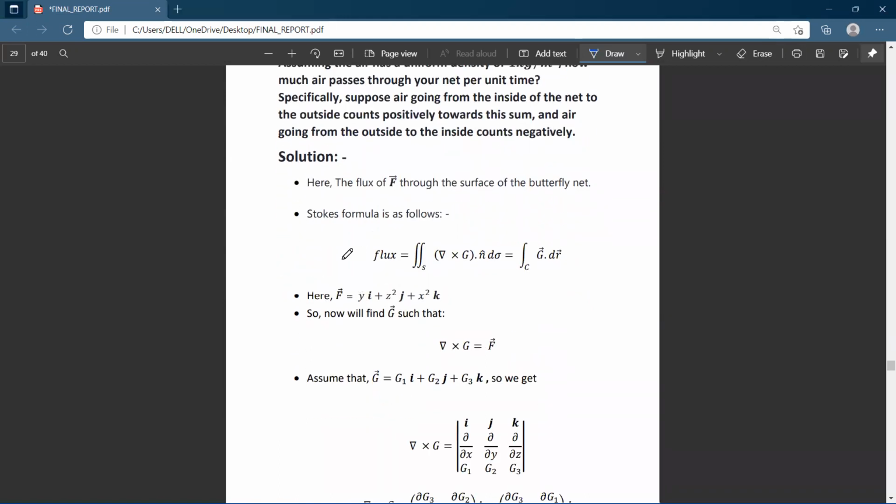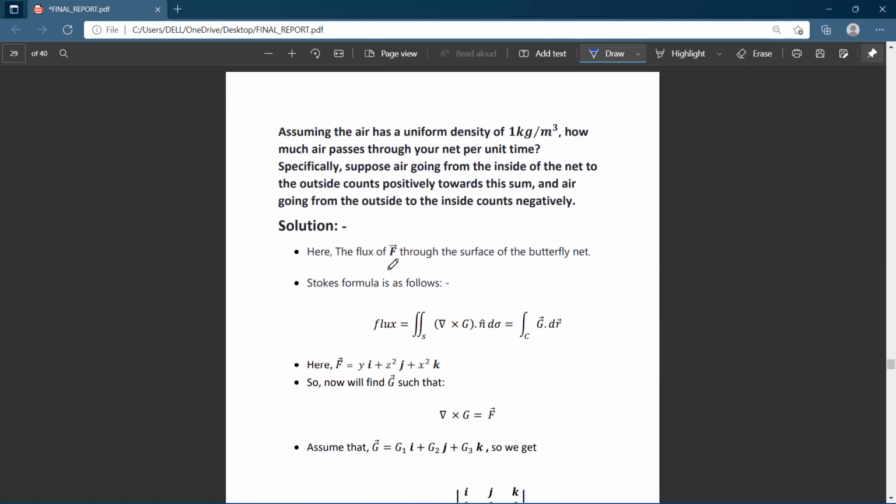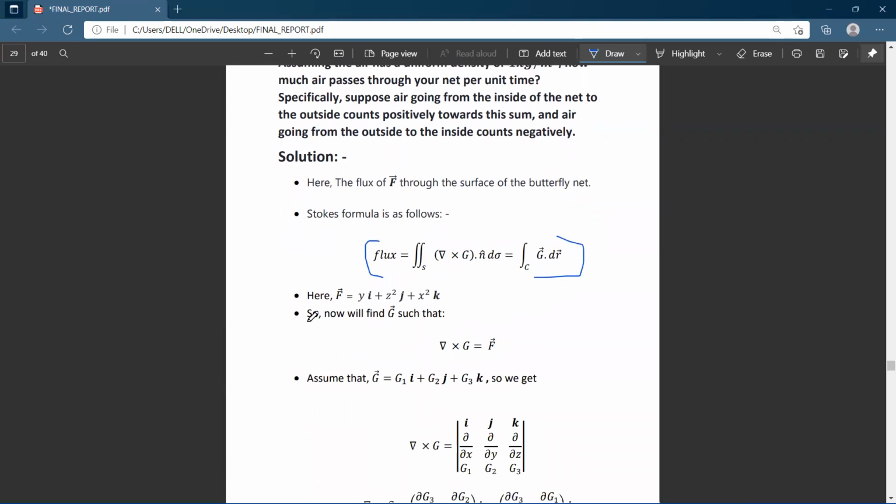Now this is the flux of F through the surface area of the net. We need to find only the flux, which is the same as finding the quantity of air passing through per unit time. This is the formula from Stokes theorem for finding the flux, and this is the F which is given.